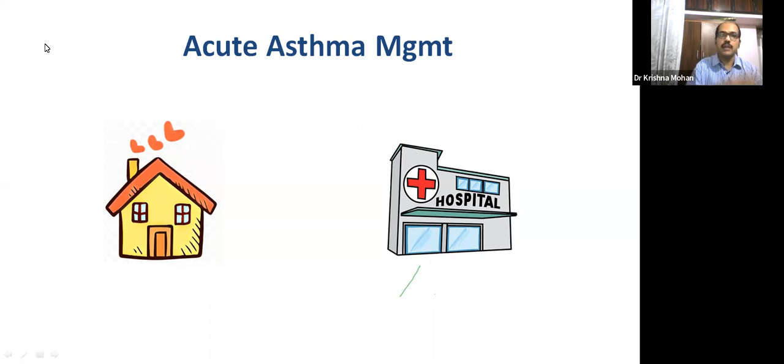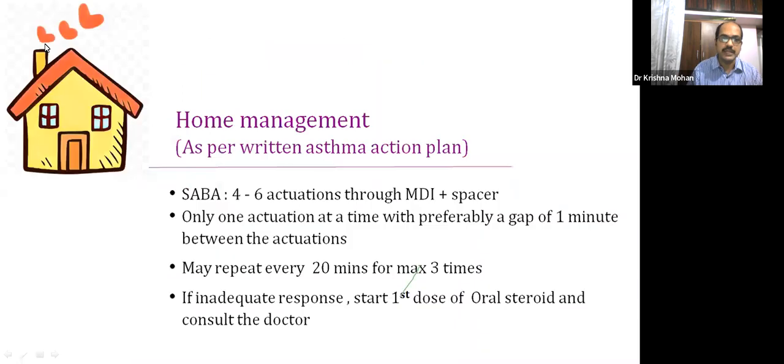So I will be touching this topic only in the peripheral setup, not in the ICU, because we are not managing asthma at that level usually. So acute asthma management includes management at home as well as in hospital. Many a time the patient will be at home when he gets an acute attack, and you have to start the treatment from home itself.